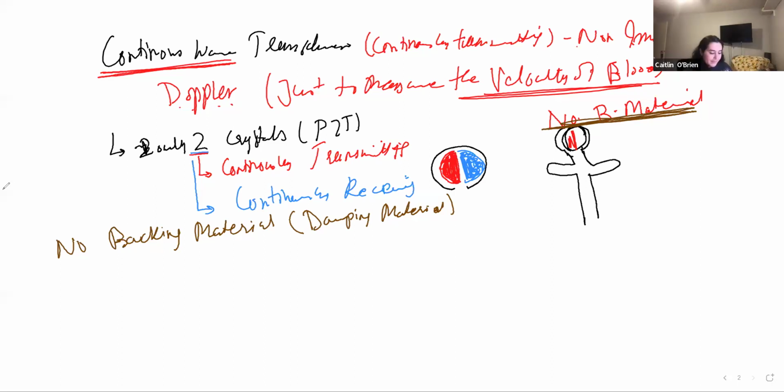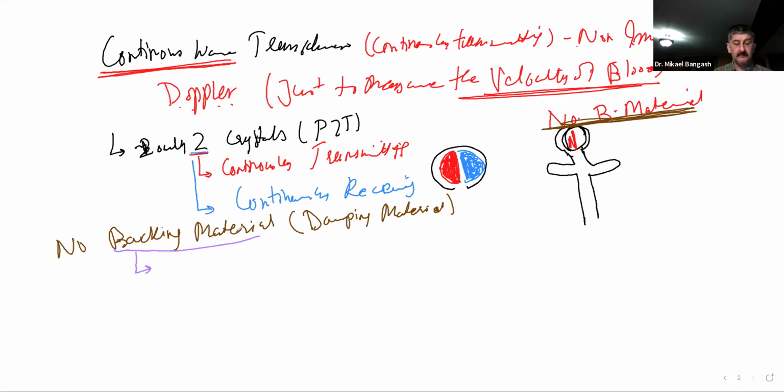Yep. Now, since there is no backing material, what would that lead to? The consequences of having a backing material or damping material are going to be reversed. What were the consequences of having a backing material or damping material?